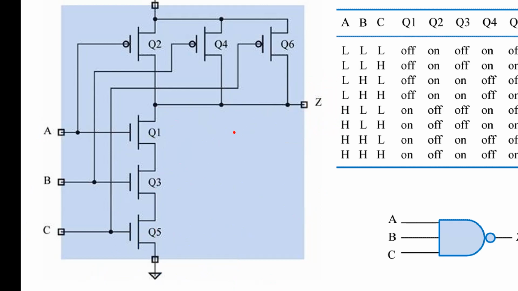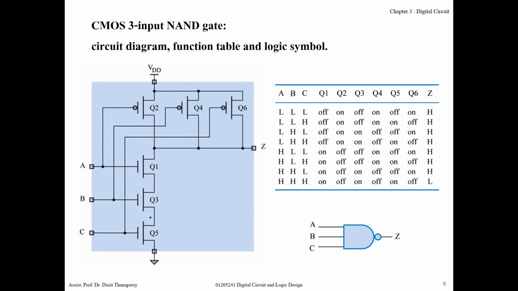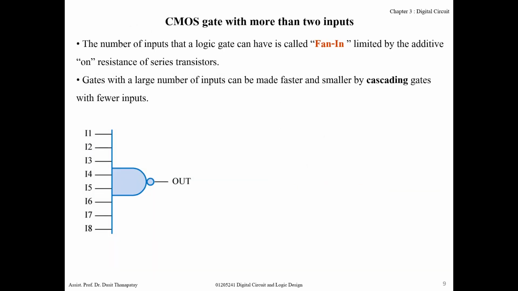That means you cannot do the design by adding as many transistors as you want. The limitation on the number of inputs is called fan in.